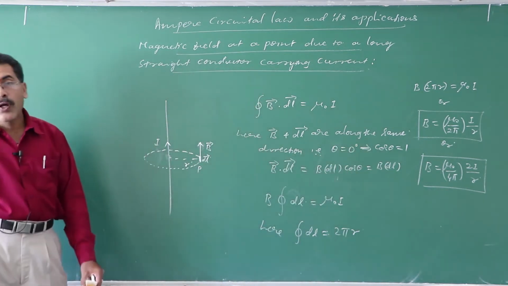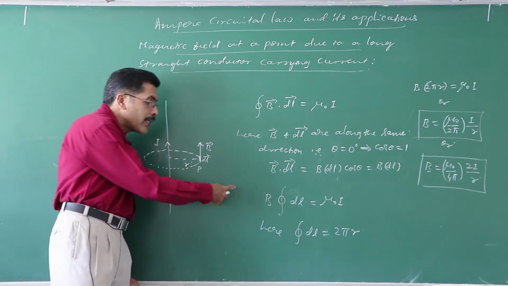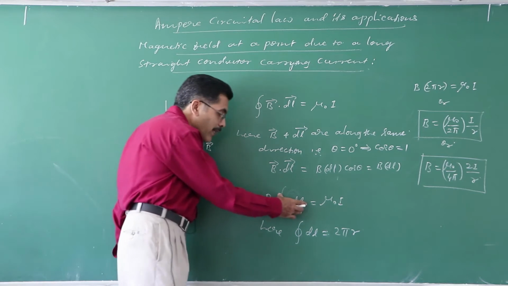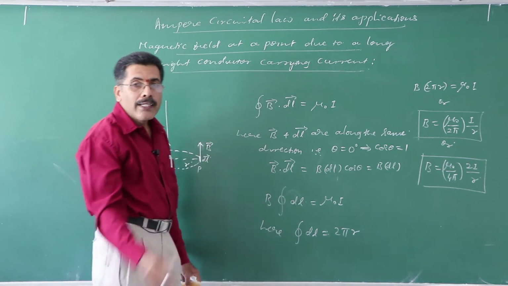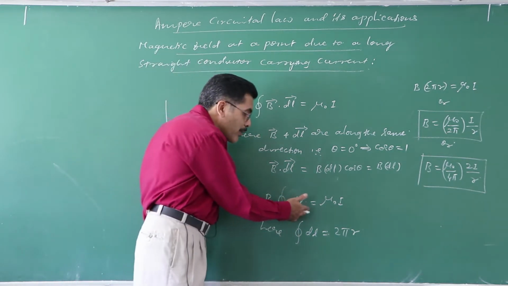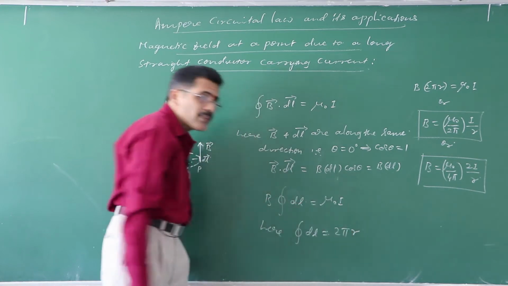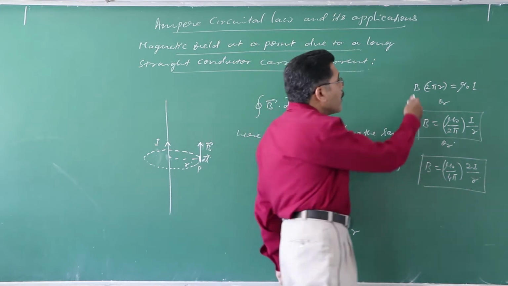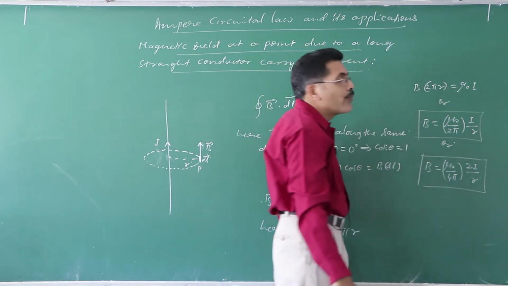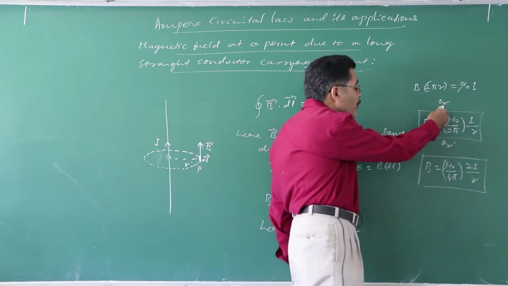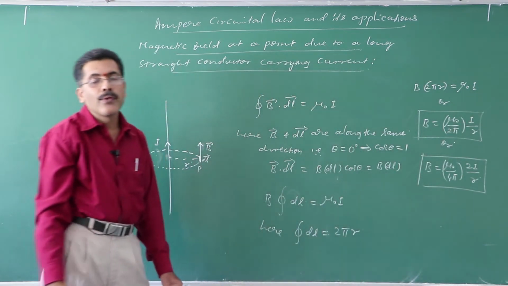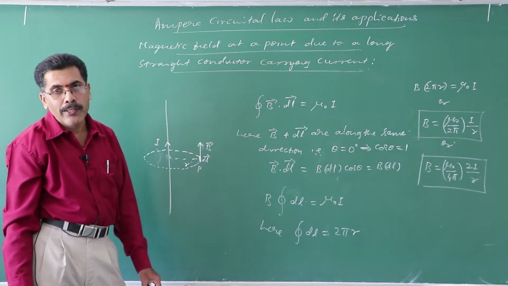Since B is constant, we take the summation over the length element, which gives the circumference 2 pi r. So B into 2 pi r is equal to mu naught into I, or B is equal to mu naught by 2 pi times I by r, or B is equal to mu naught by 4 pi times 2I by r.